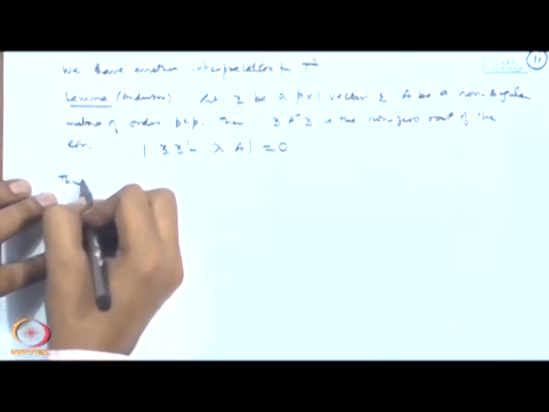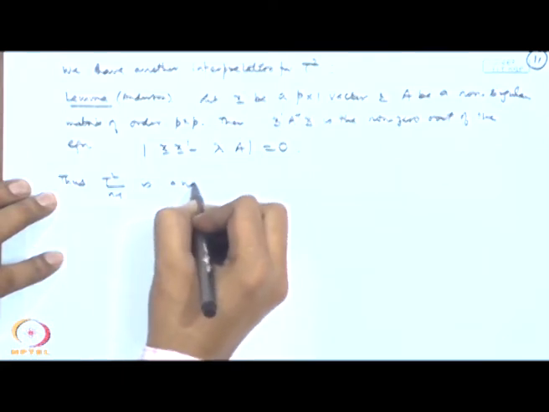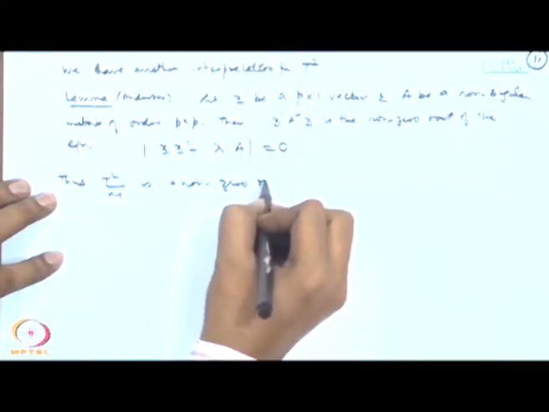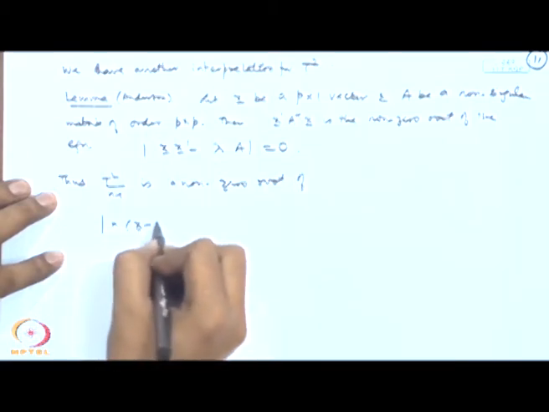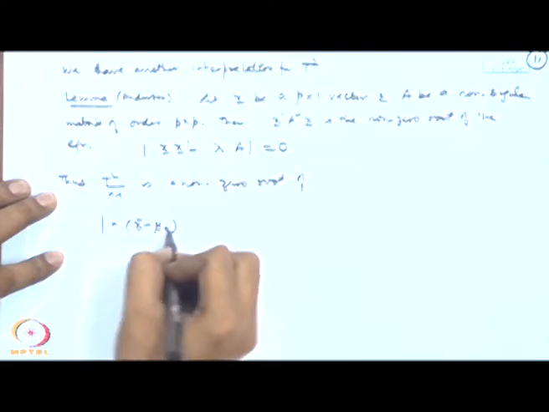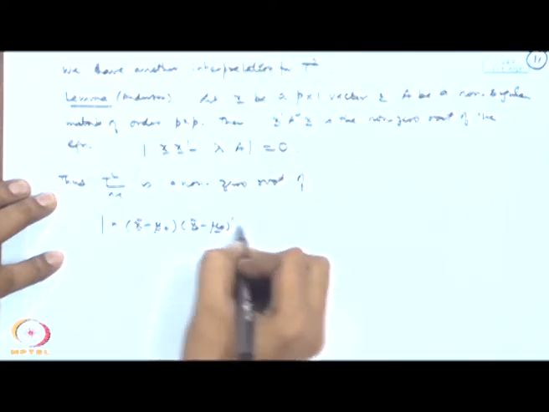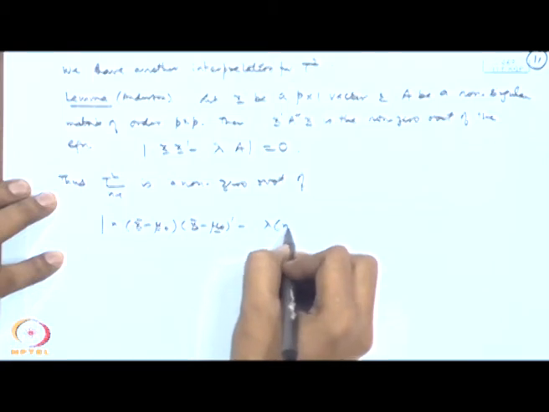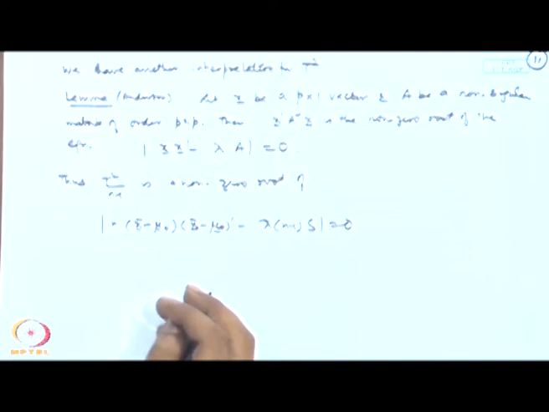If I use this, then I can say that T square by (n minus 1) is a non-zero root of determinant of (n (x bar minus mu naught)(x bar minus mu naught) transpose minus lambda (n minus 1) S) is equal to 0.